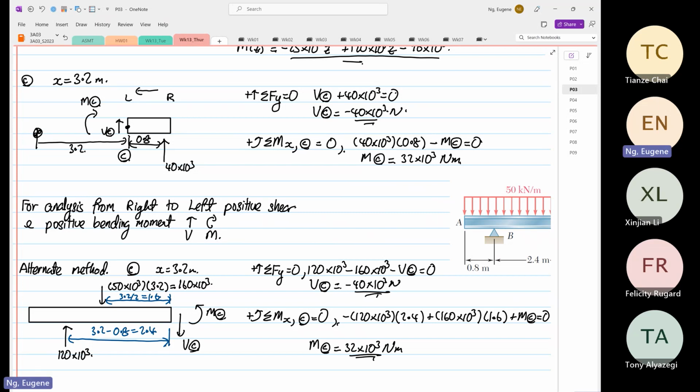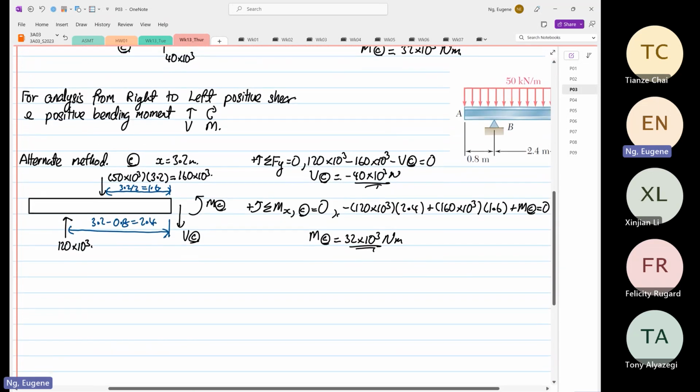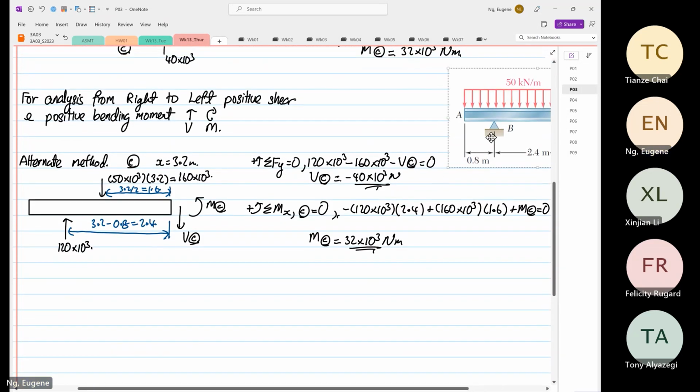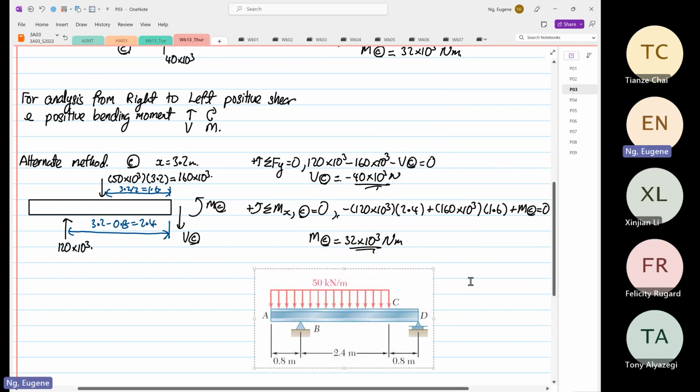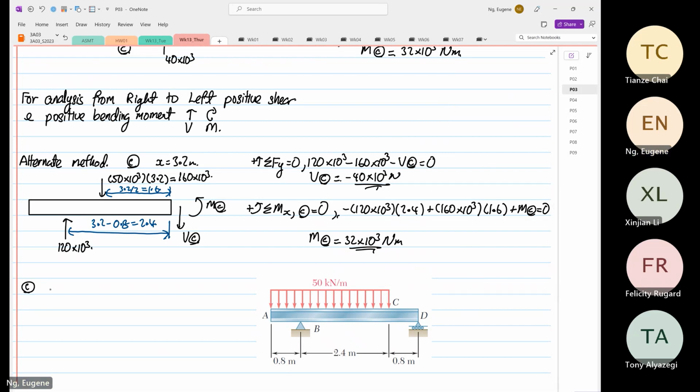But if you do right to left, it'll be much quicker, especially when you have to form equations. So the last equation that we're going to do is from point C to point D. And we're lucky we are doing from right to left.